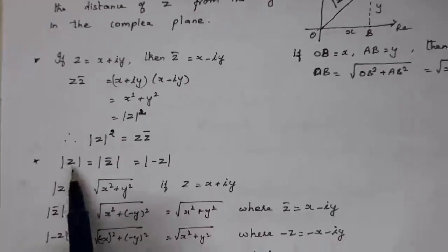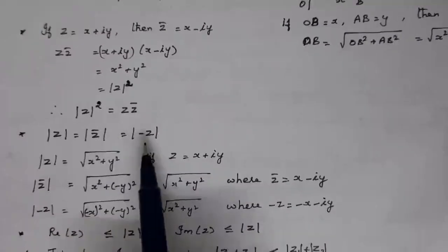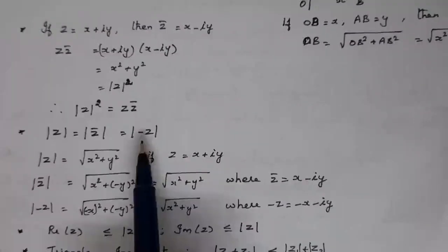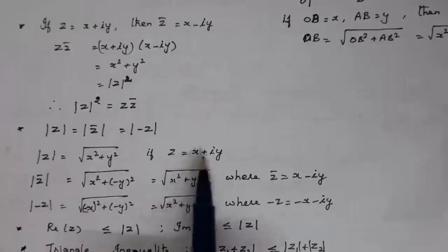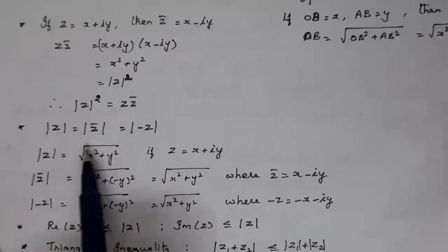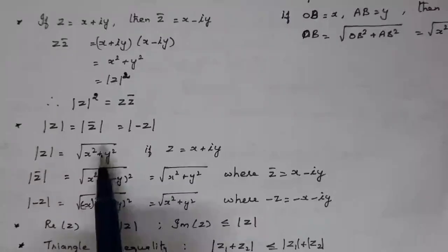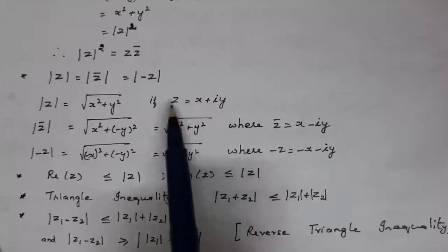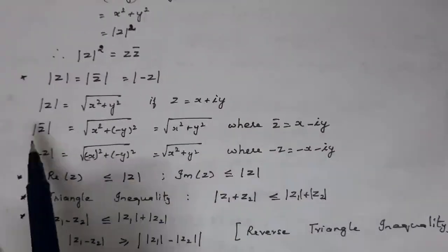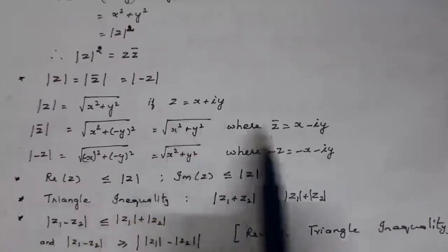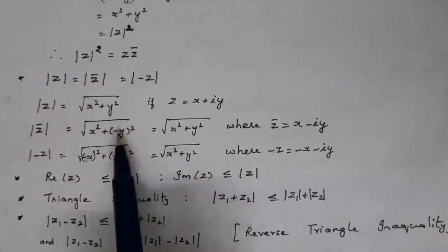Then, modulus of z, modulus of z bar and modulus of minus z will always be equal. See, if z is equal to x plus iy, what is modulus of z? Square root of x squared plus y squared, the sum of the squares of the real part and the imaginary part. Then, what would be z bar? x minus iy. So, what would be its modulus? Root of x squared, and the imaginary part is minus y, so minus y the whole squared.